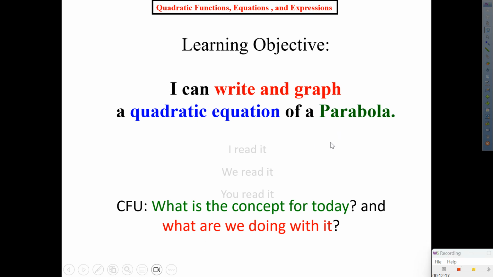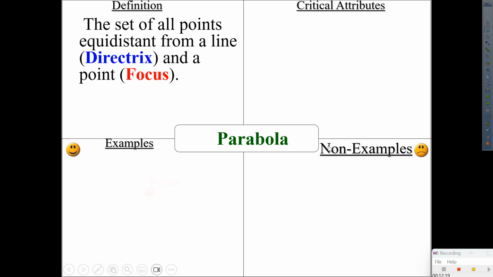That is correct. Equidistant points from the focus and directrix. And we know how that's formed. We've been doing that, and so on and so forth.